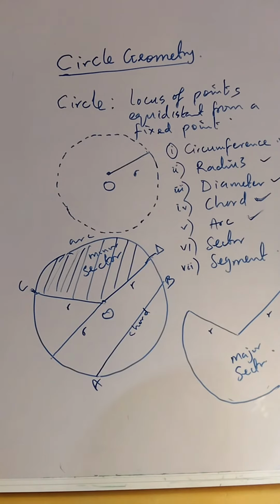We call it also major arc because when you cut off an arc, one is small and the other is large. The smaller one is called minor arc. The major one is called major arc. So a minor arc will form a minor sector, while a major arc will form a major sector.